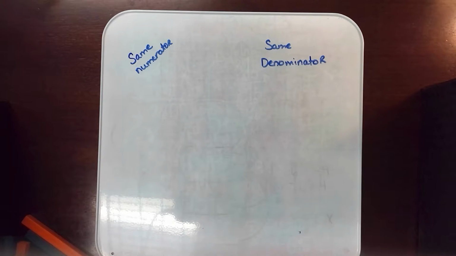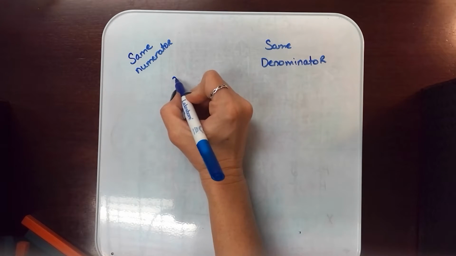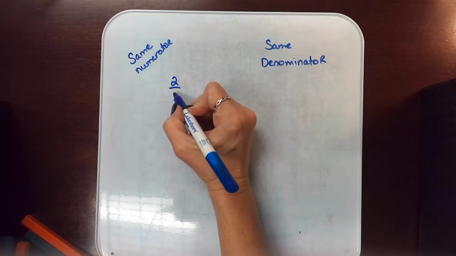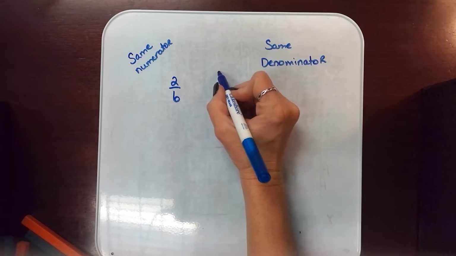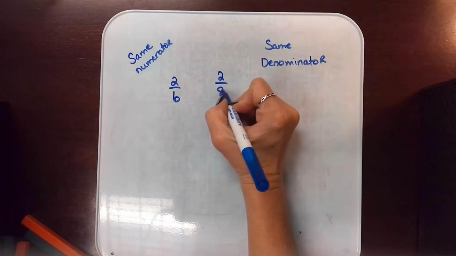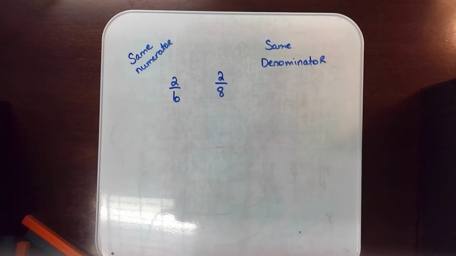This may be just in a word problem. But, for instance, let's say I have 2/6 and I have 2/8, because they are the same numerator. And I'm looking at these, I have to be able to reason about fraction sizes.